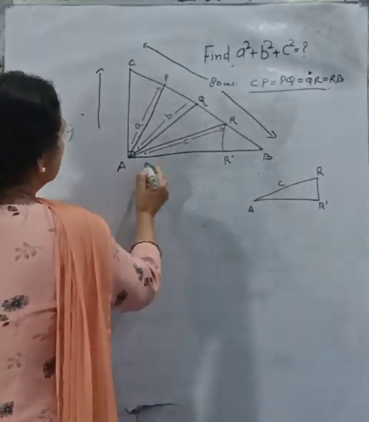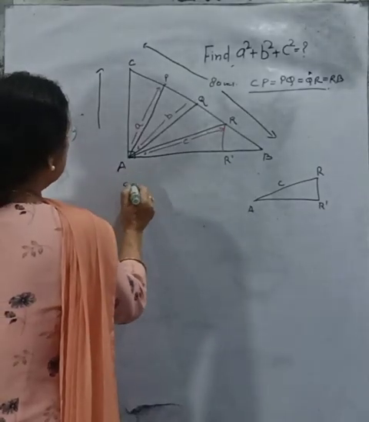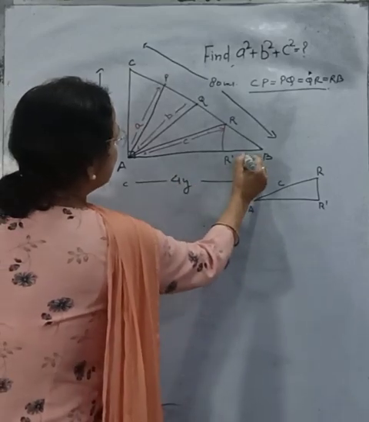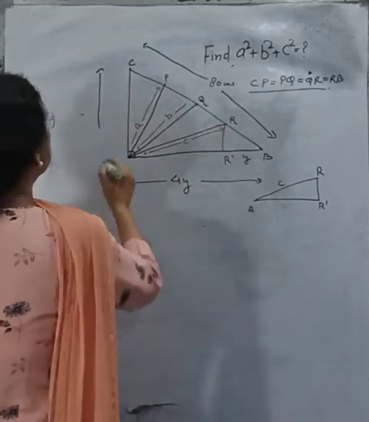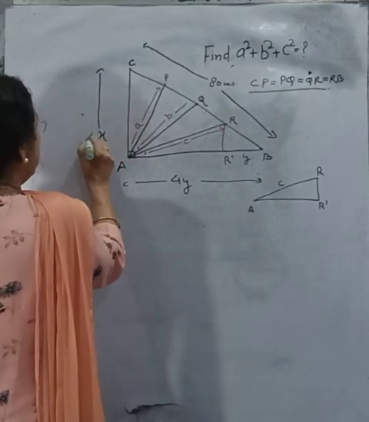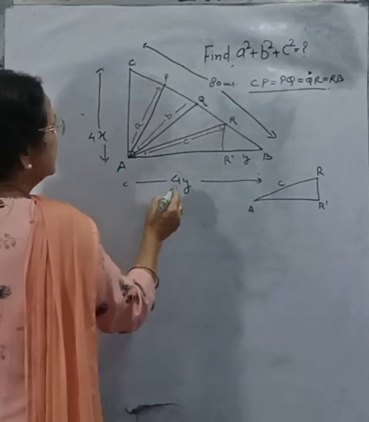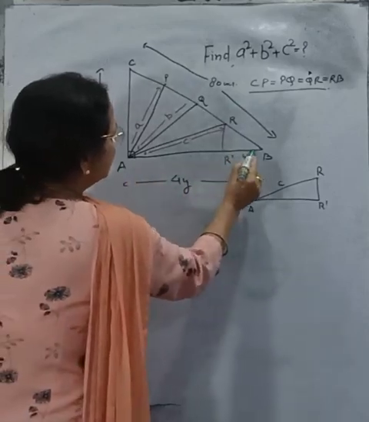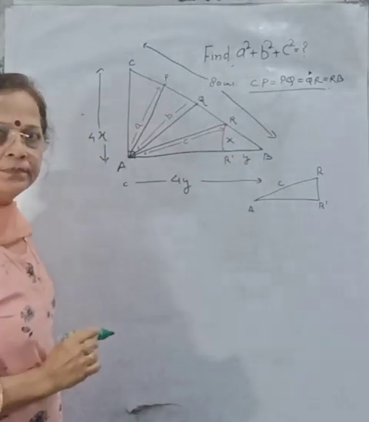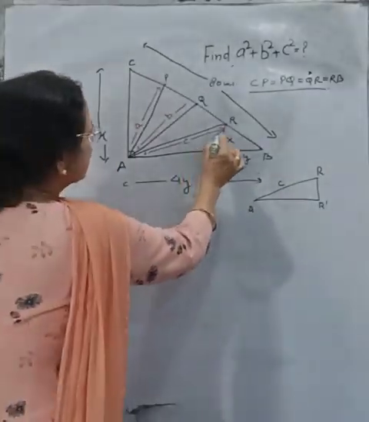It means, let us suppose the total length of the base is 4 times y, so this portion will be equal to y. Similarly, if the total length of the perpendicular is 4 times x, this portion will be x.